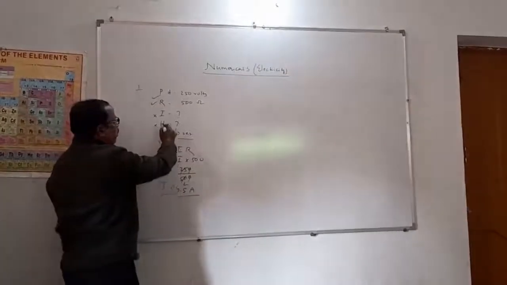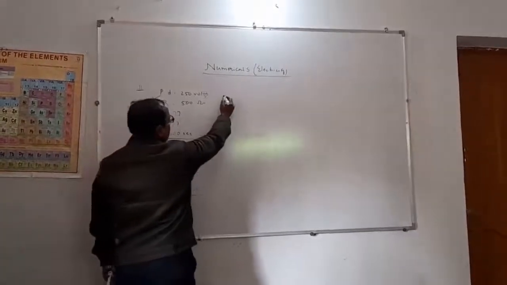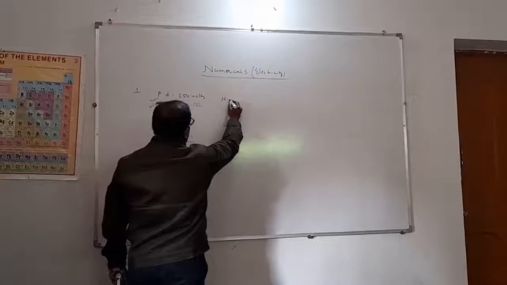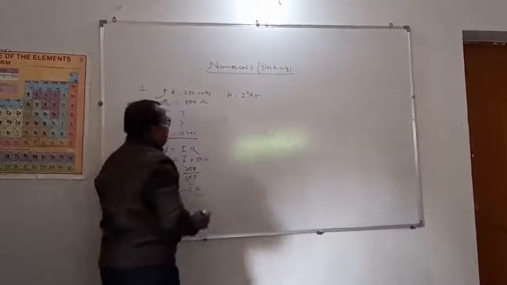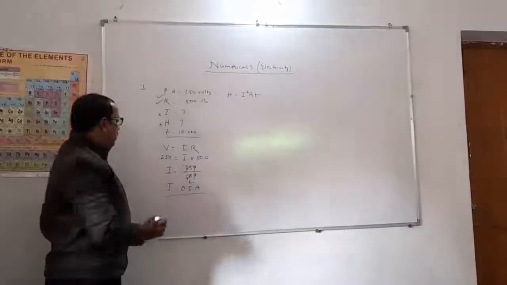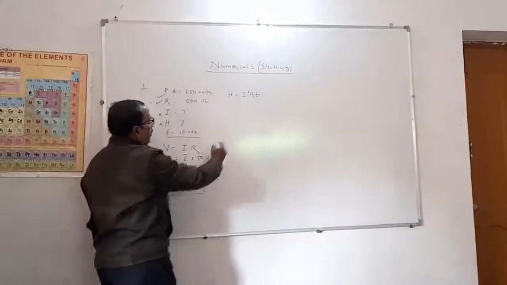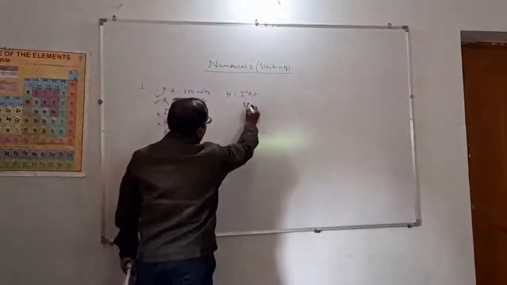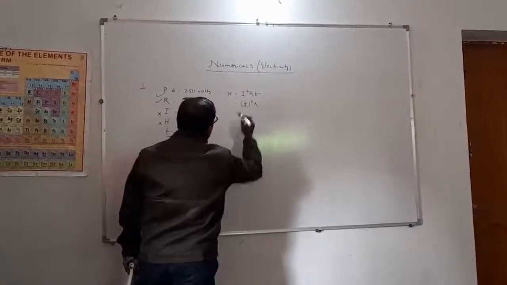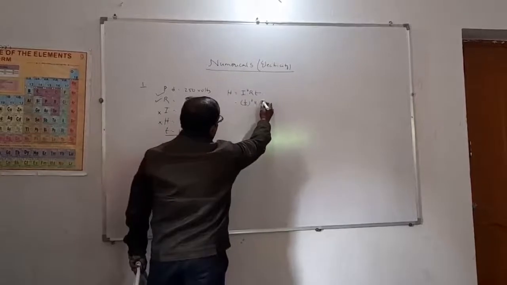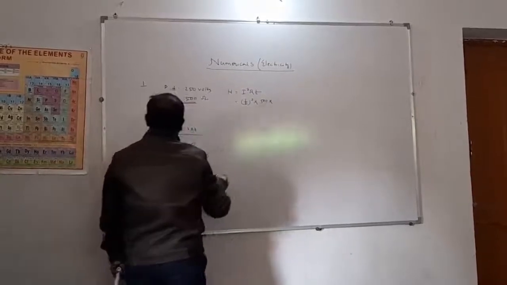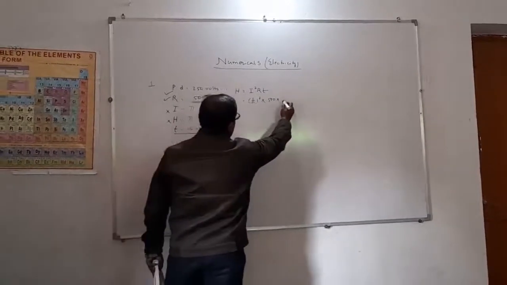Now we have to calculate the heat energy produced. So heat energy H is equal to I square RT. Here I is given 1 by 2, so it is 1 by 2 whole square into R. Resistance is given 500 ohm, into time is 10 seconds.